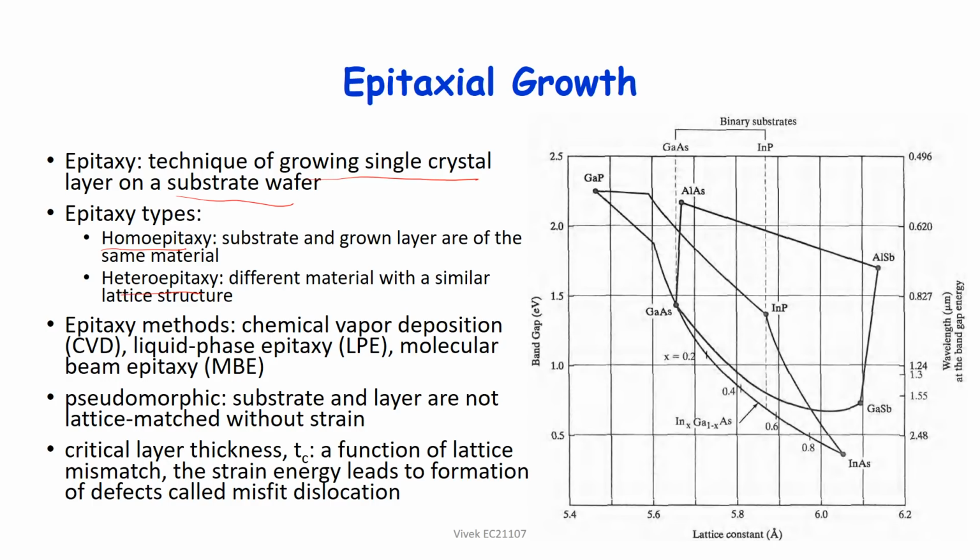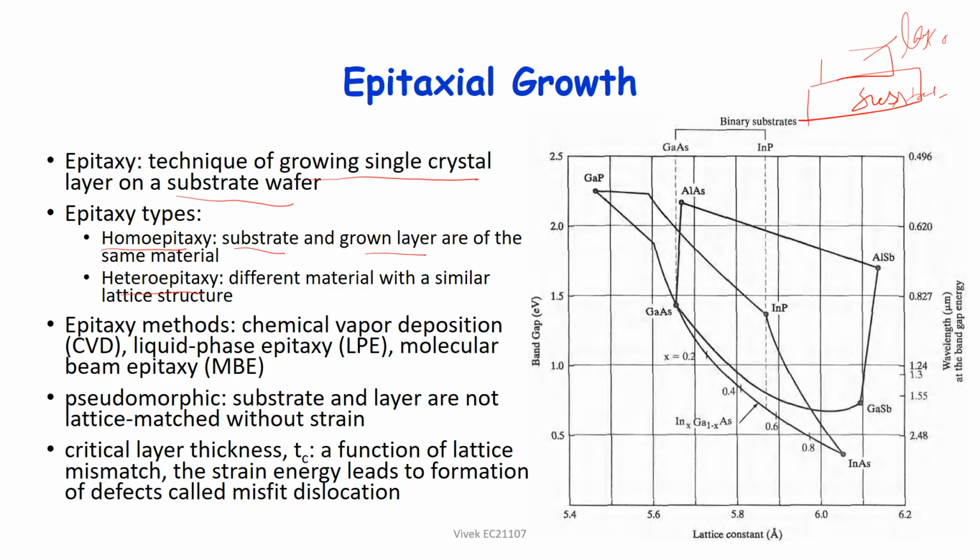So in homoepitaxy, the substrate and the layer that we are growing, so let's say this is a substrate and this is a layer we are growing. They have the same material, so they will have the same lattice constant, so there is no mismatch, right? So you can grow a layer as thick as you want.